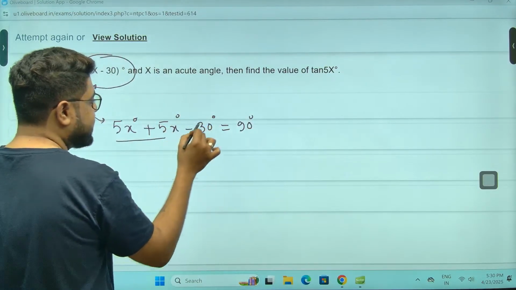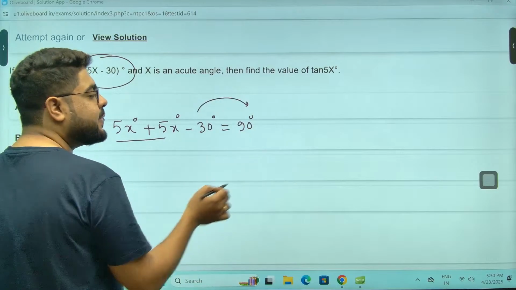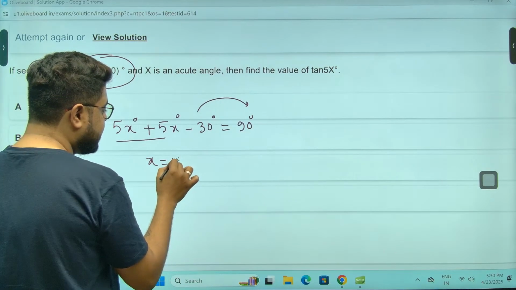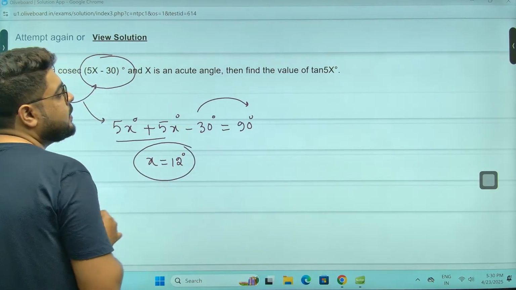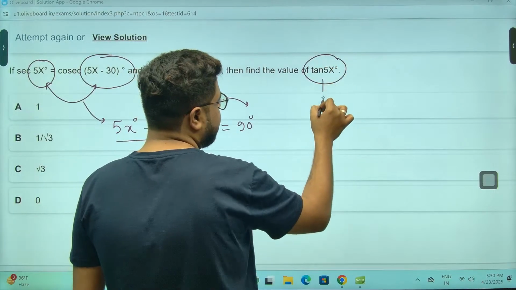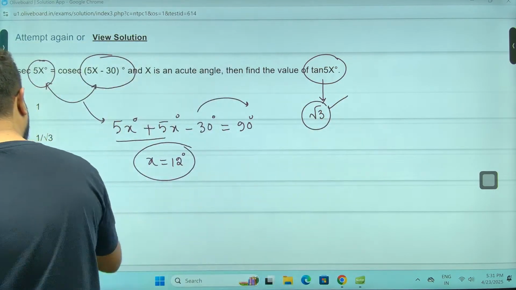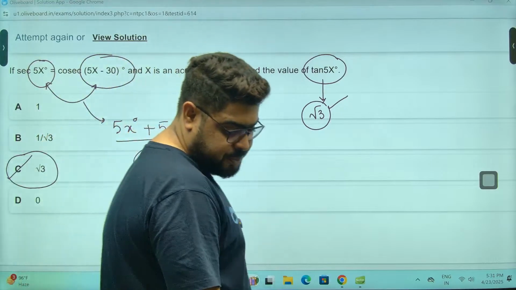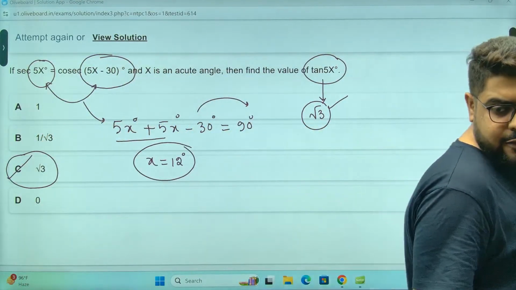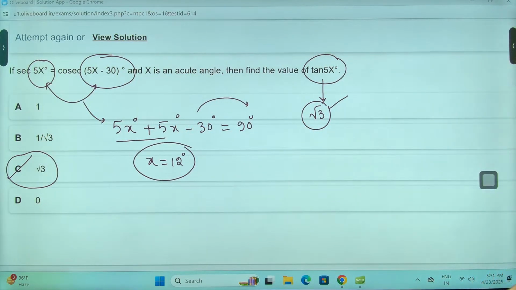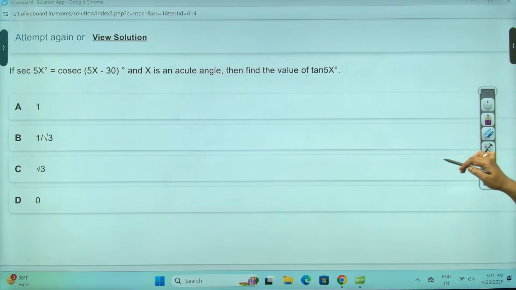So 10x is equal to, this will go that side, 120 degrees. X is 12 degrees. Done. Tan 5x: 5 times 12 is 60 degrees. Tan 60 degrees is root 3. Option number 3. Very, very simple, right? Not a very difficult question.